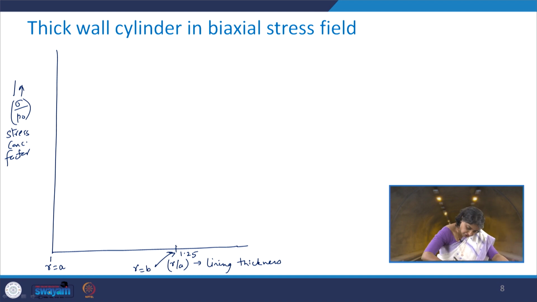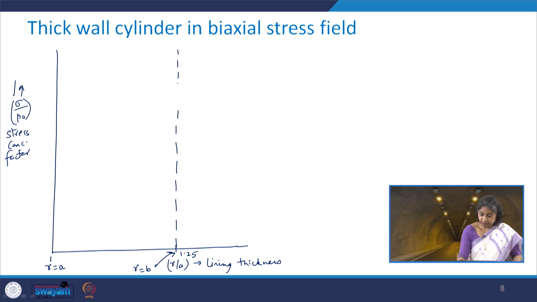So, I just draw a vertical line. So, what did we see, that sigma theta was 5.6 at R is equal to A. So, let us first try to draw the variation for sigma theta.